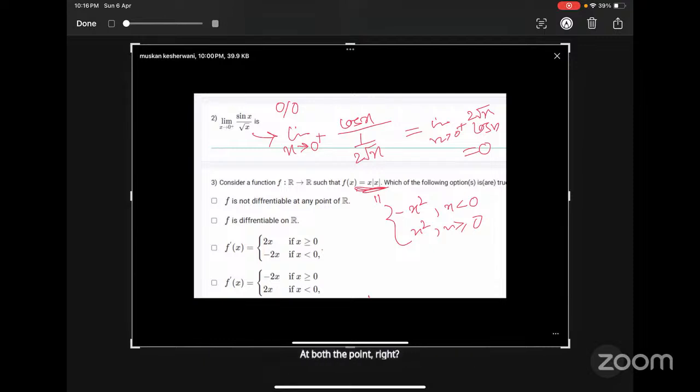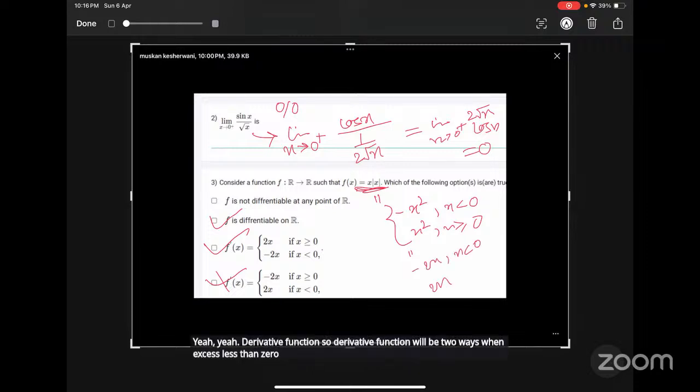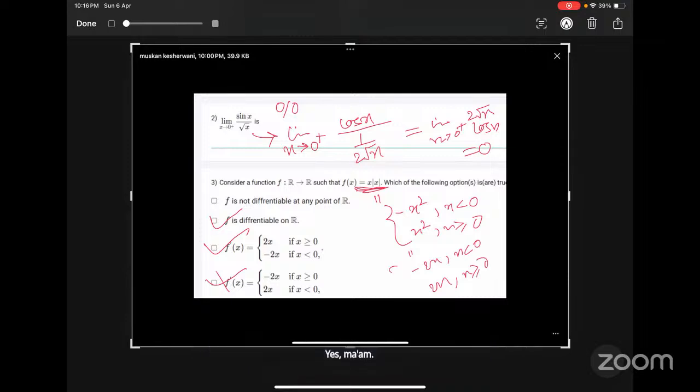So differentiable on R, okay? It is x square only, how did it become 2x? Oh, it is f dash, the derivative function. Yes, the derivative function will be minus 2x when x is less than 0 and 2x when x is greater than or equal to 0. Okay.